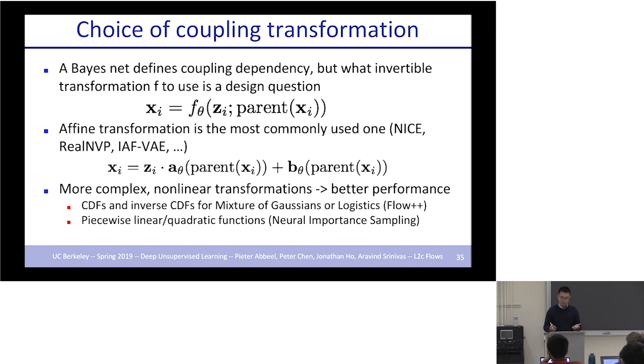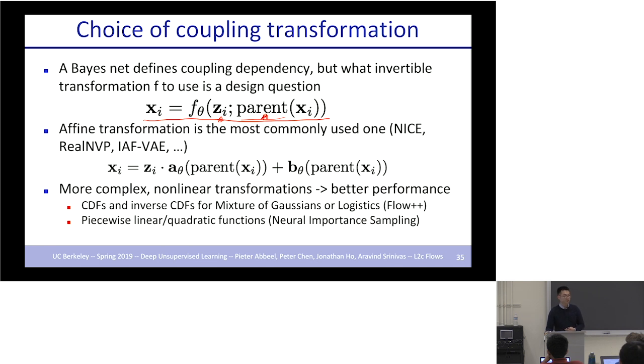The more general choice is the following: each dimension xi comes from some noise source zi, and is transformed by some invertible function that itself is parameterized by all of this random variable's parents. A different Bayes net gives you a different structure, with different parents for different dimensions.